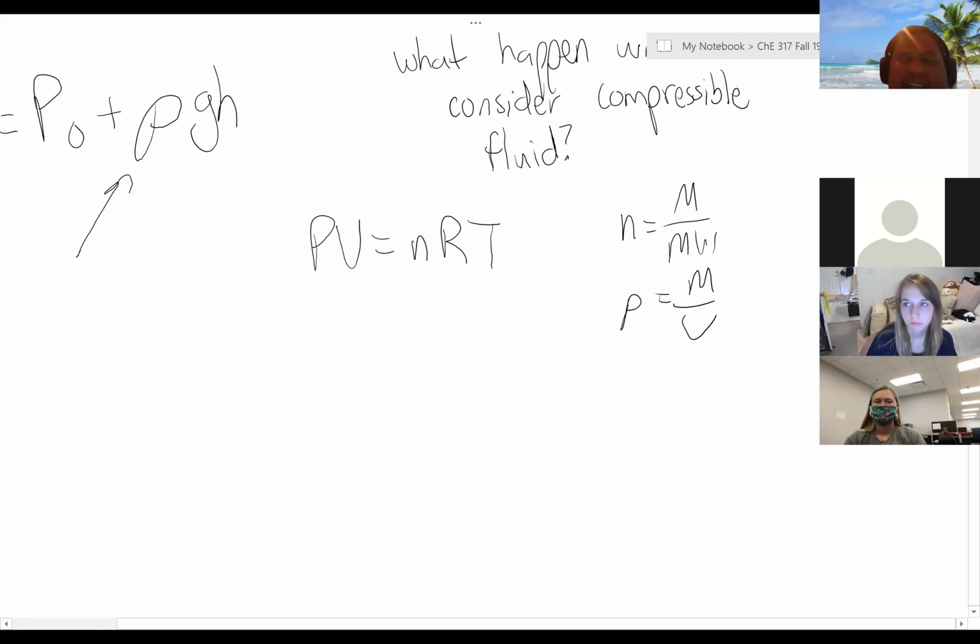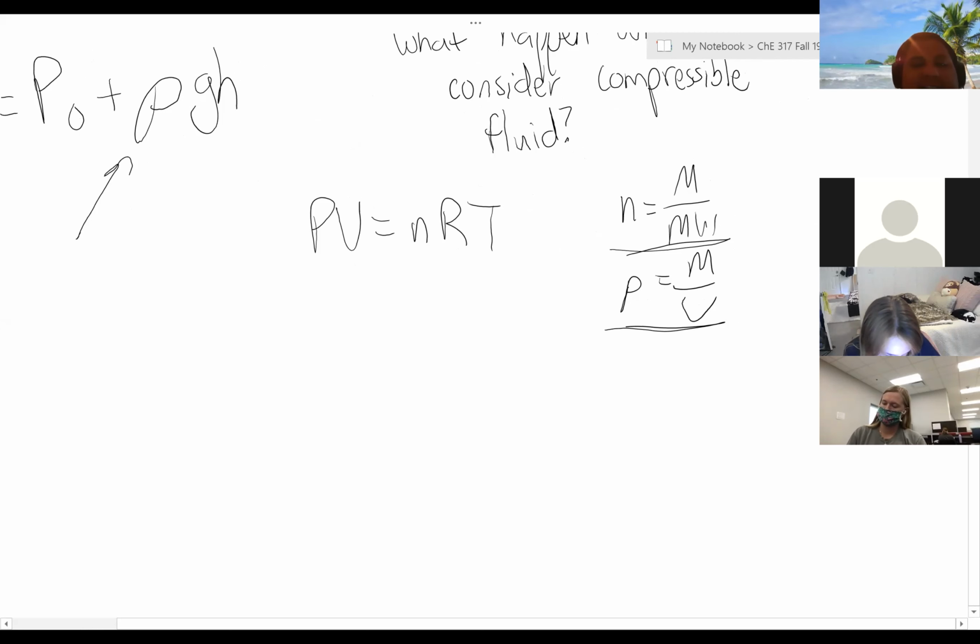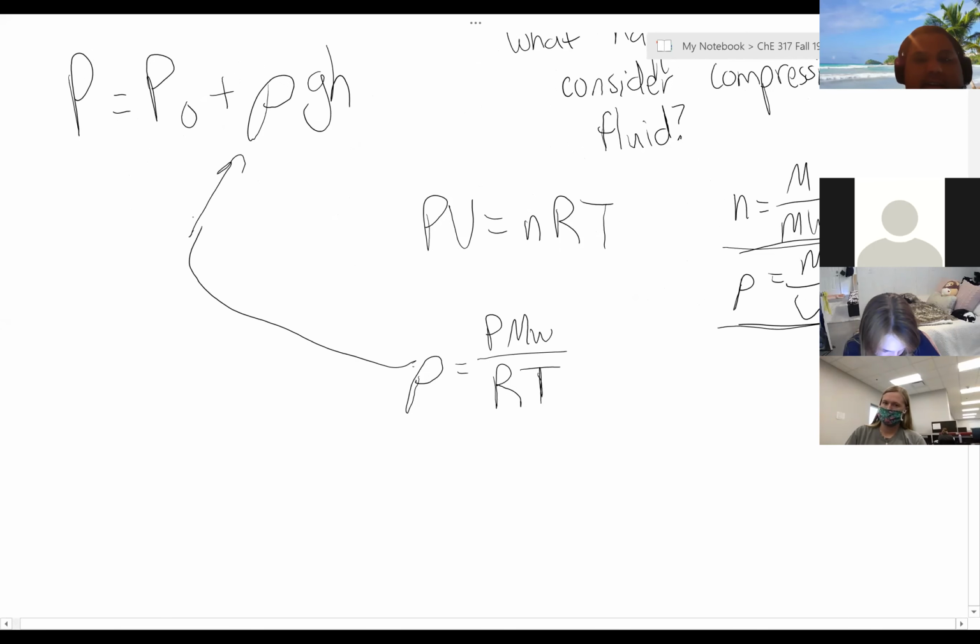So by application of the ideal gas law, and knowing that number of moles is mass over molecular weight and density is mass over volume, I could rearrange this expression and say my density is equal to pressure times molecular weight over RT, and then plug this in here.